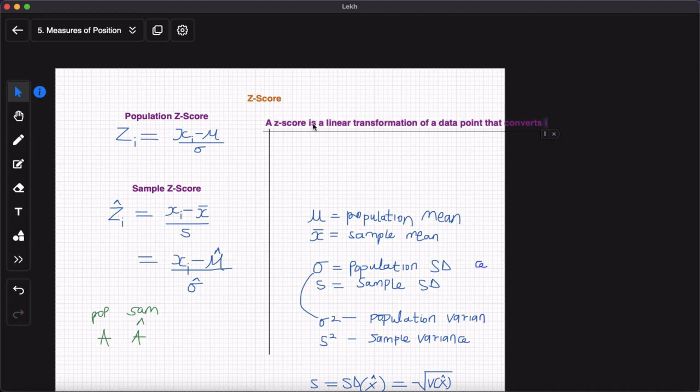A z-score is a linear transformation of a data set, or given observations, such that the transformed data set has a mean of 0, and variance of 1.